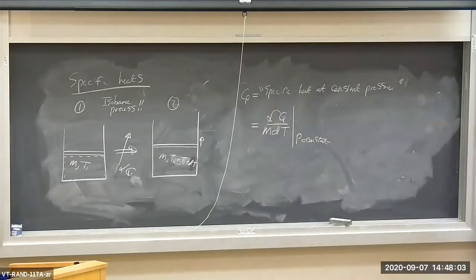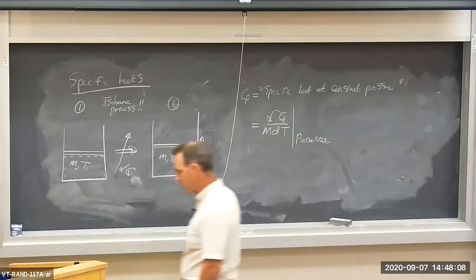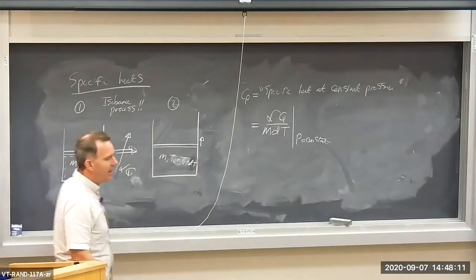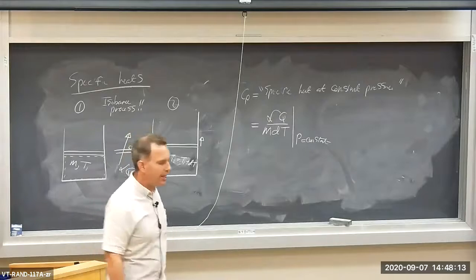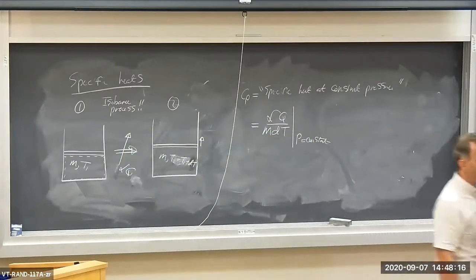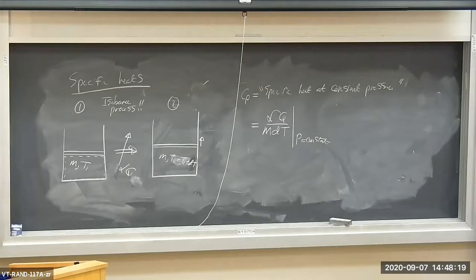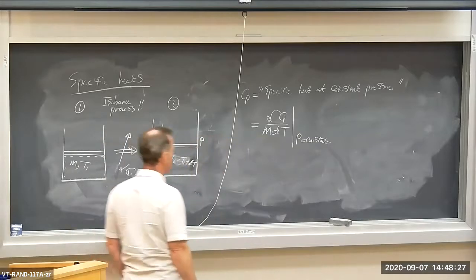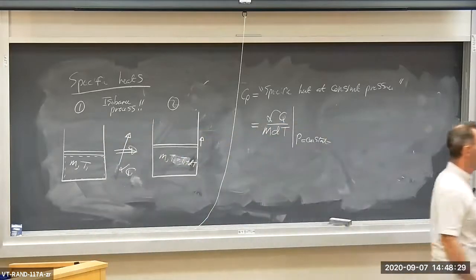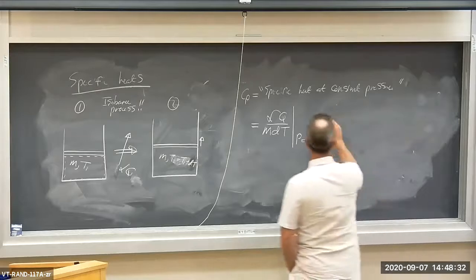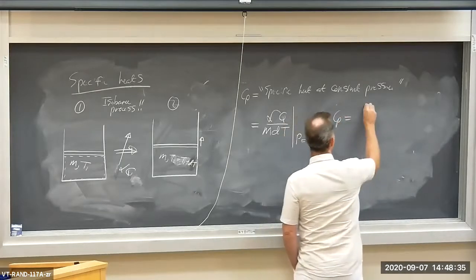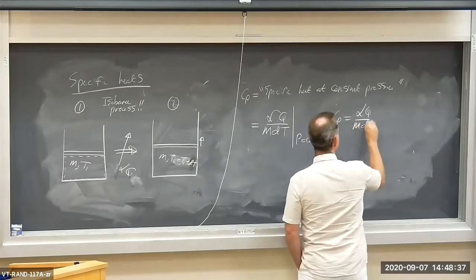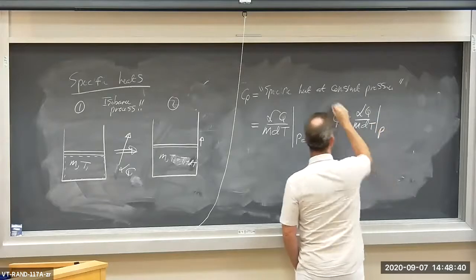If you like, specific heat is the amount of heat required to raise the temperature of the system by 1 degree per unit mass.